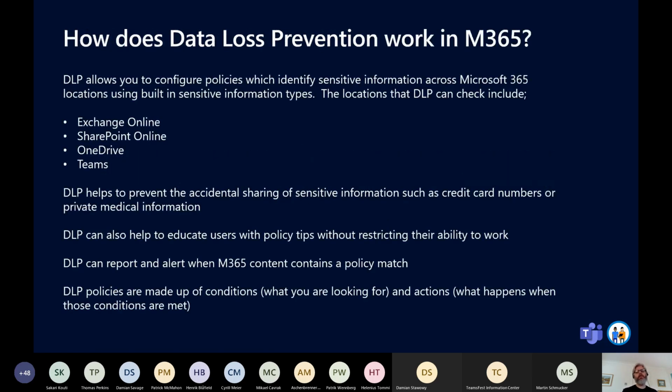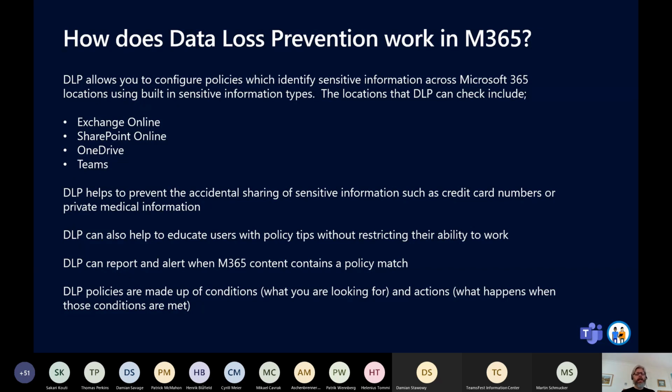And how does data loss prevention work in the overall context of Microsoft 365? It's important to have that understanding of it from the wider perspective of not just Teams, but from Microsoft 365 as a whole. We'll focus a little more on Teams itself as we go through this deck.